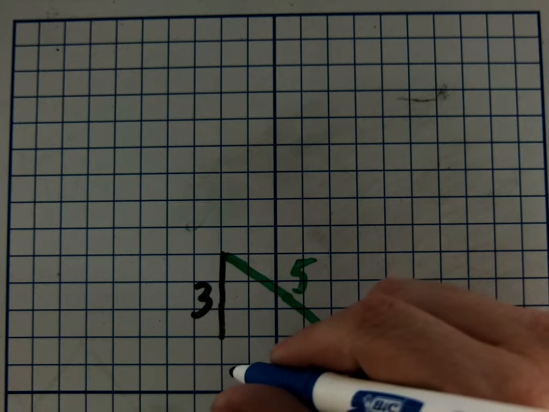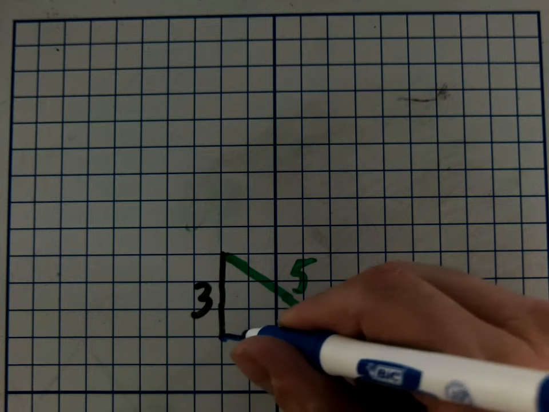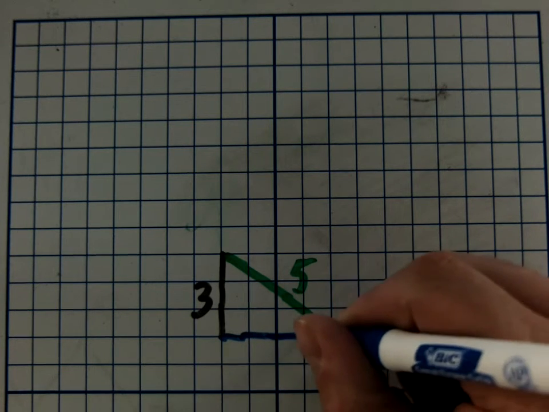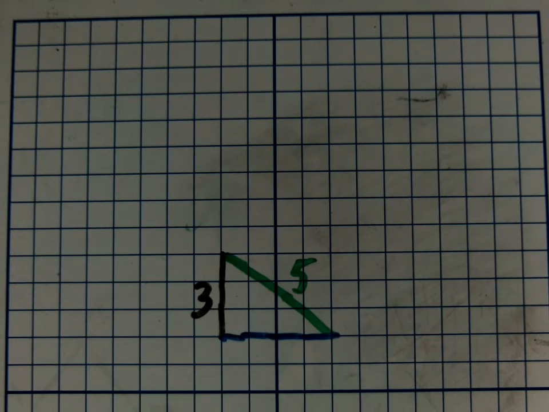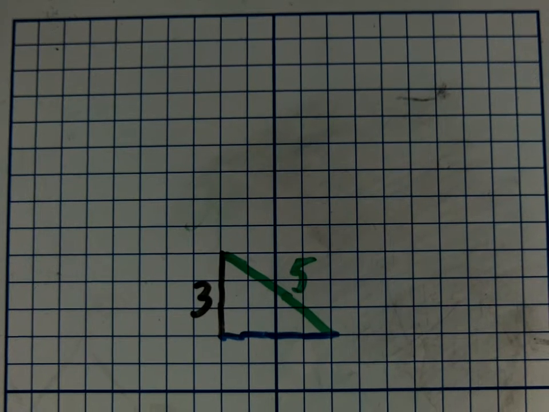We can actually see that this missing length is 4 because of the way I've drawn the triangle. So you can count the boxes: 1, 2, 3, 4. And that's because it's a 1 centimeter grid on this particular grid.